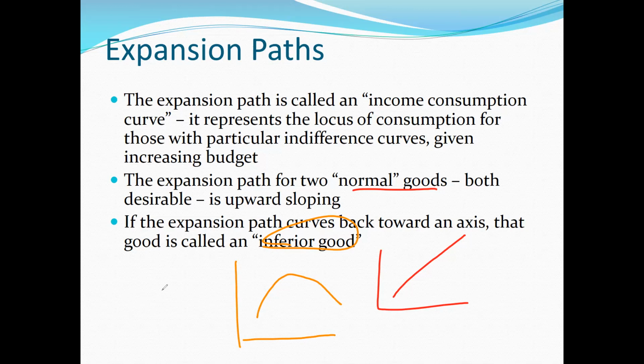Can you think of some examples where you would see a curve like this that's backward sloping towards an axis, meaning that that particular commodity or service is an inferior good? Can you think of an example where the expansion path actually is backward sloping? So as you get more money, you use fewer of those goods and services.